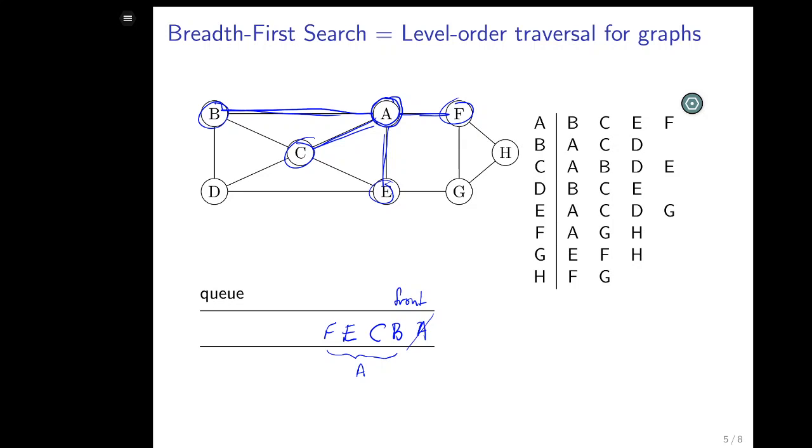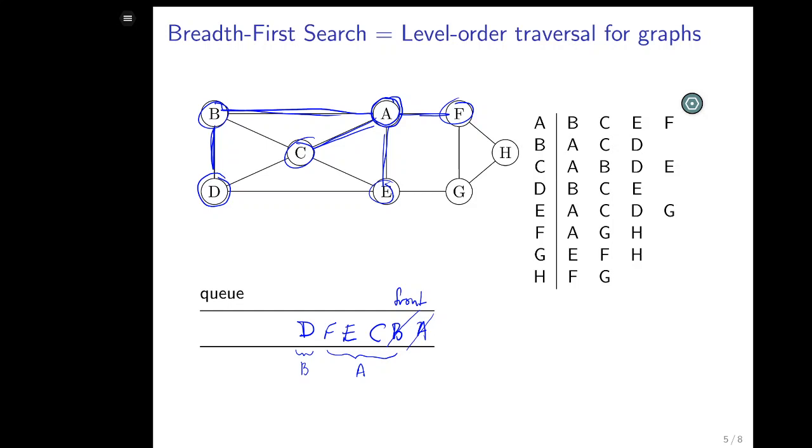Now I go and pull B off. B gets removed. I can get to C, but C has already been marked. I can get to D. So D goes into the queue along that edge. And B was responsible for putting D in the queue. And then we keep going.